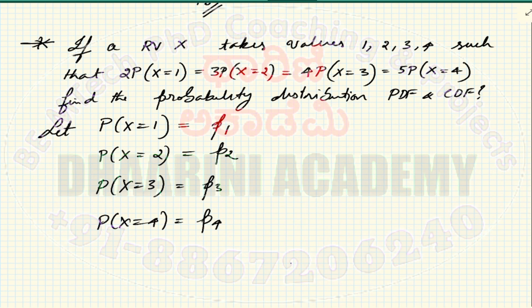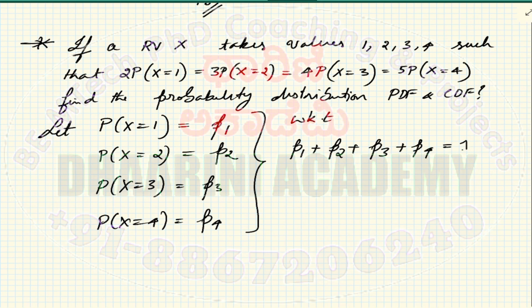We know a few things from the given data. One thing comes directly from the basic concepts of probability: since p1, p2, p3, p4 are related to a random variable and they are probabilities, we can write p1 plus p2 plus p3 plus p4 equals 1, right?